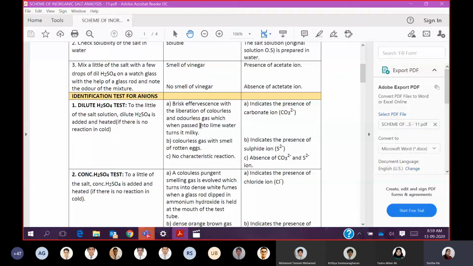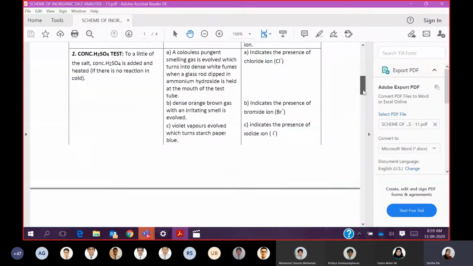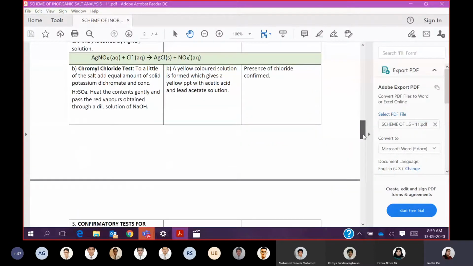The gas obtained is then passed through lime water, and the lime water turns milky. So your observation is brisk effervescence, presence of carbonate. Now check the formula, carbonate is CO3 2-. Now, there was no smell of rotten eggs, that means sulfide was absent. Now, once you identify carbonate, you will be directly moving to the confirmatory test for carbonate.